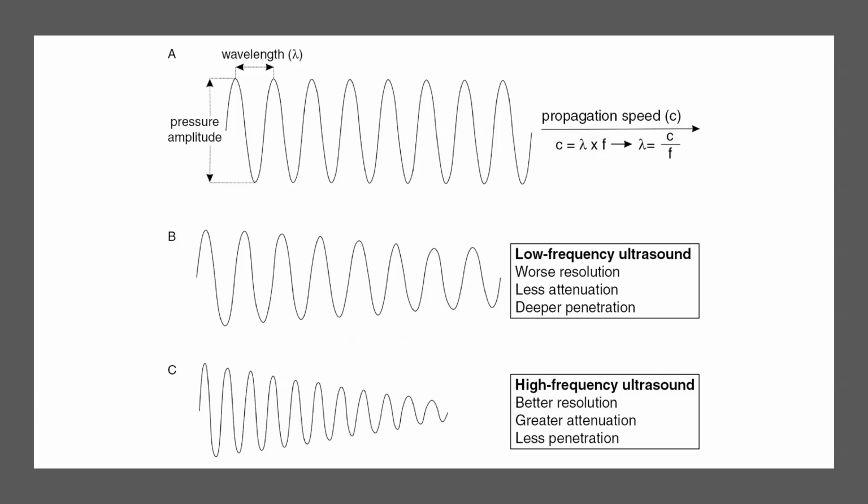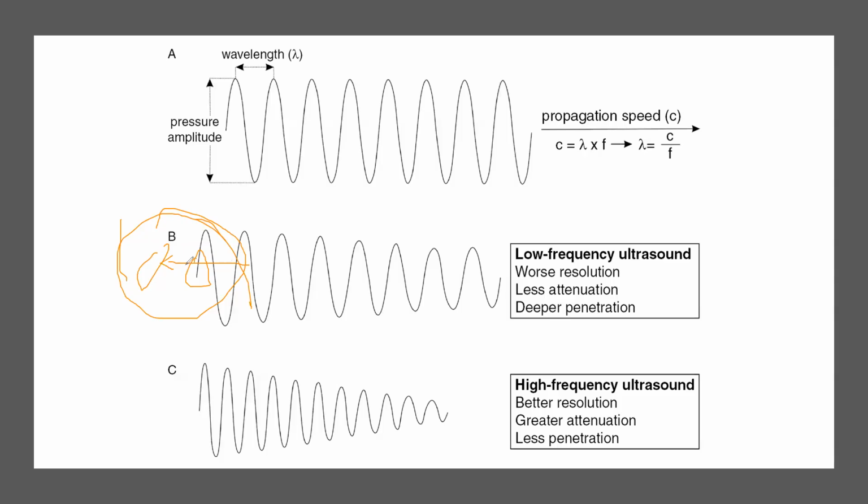But naturally, again, just using annotation to give you an example, if this is the brain, these are the meninges, this is the ventricles, then low frequency ultrasound will be able to penetrate deeper into the brain.